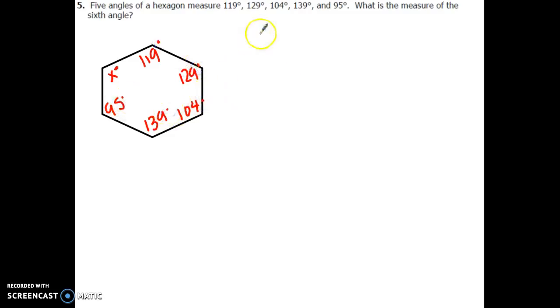And so using our formula, that is S is equal to n minus 2 times 180. Again, keeping in mind that we are looking at a hexagon, aka 6 sides. So replacing our formula would look a little bit like this.